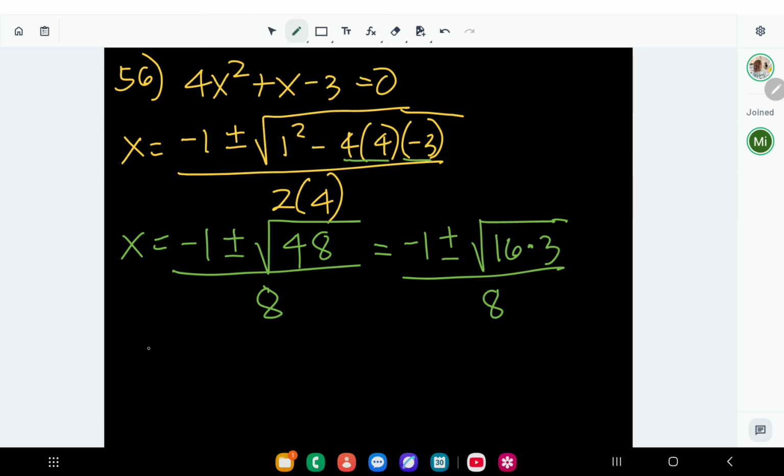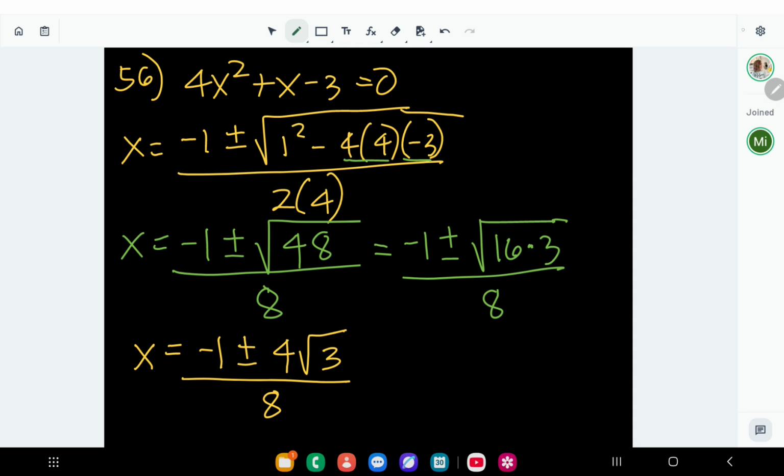So you can write this as x equals negative 1 plus or minus, 16 is the perfect square, so the square root of 16 is 4, times the square root of 3, over 8.